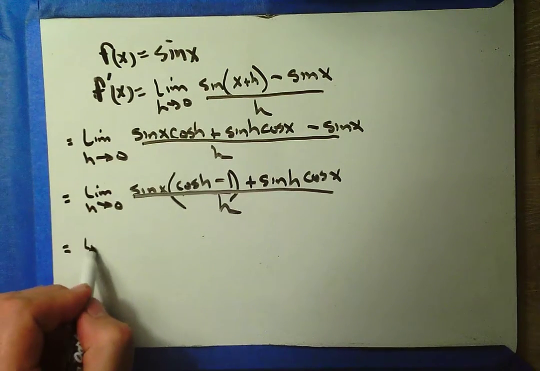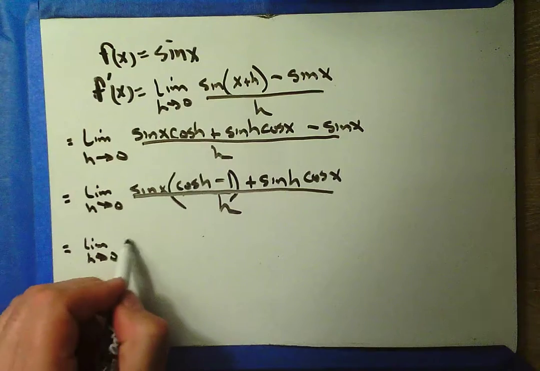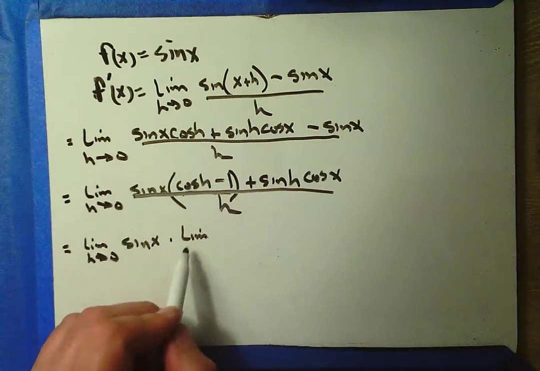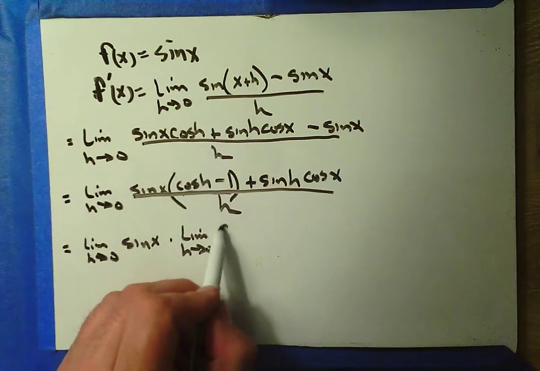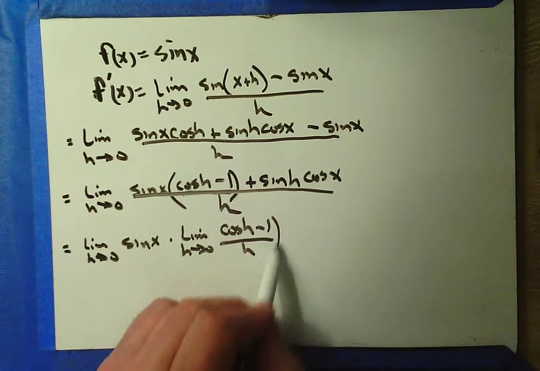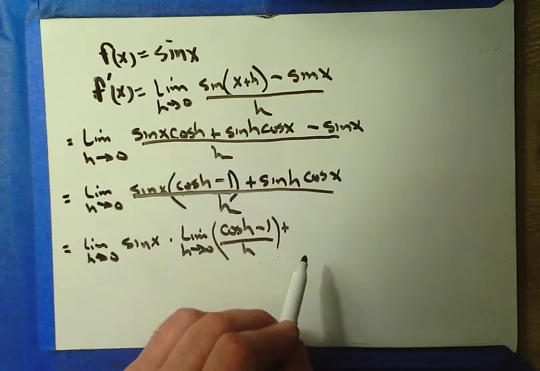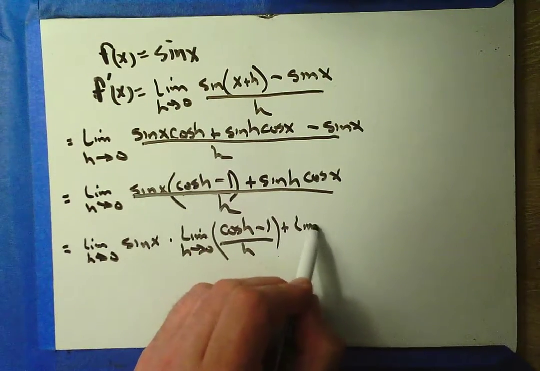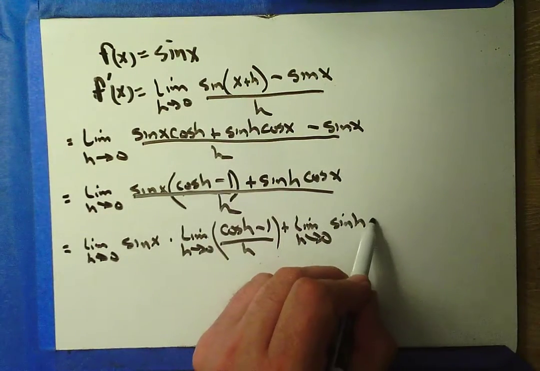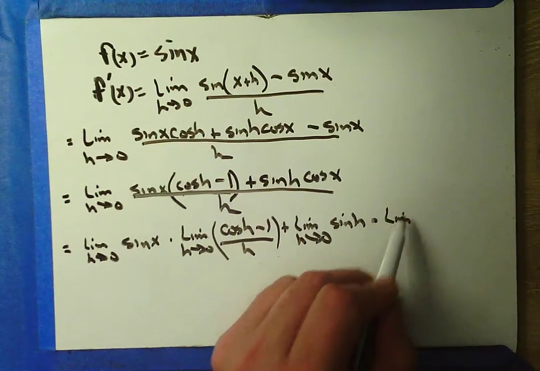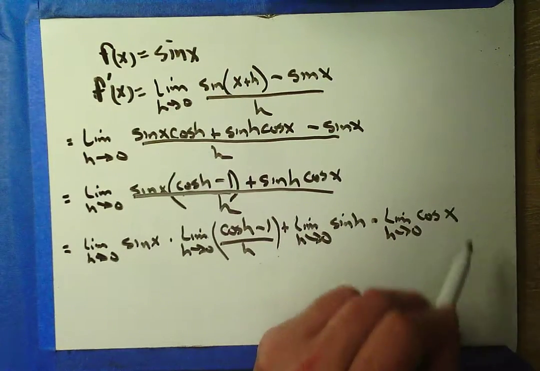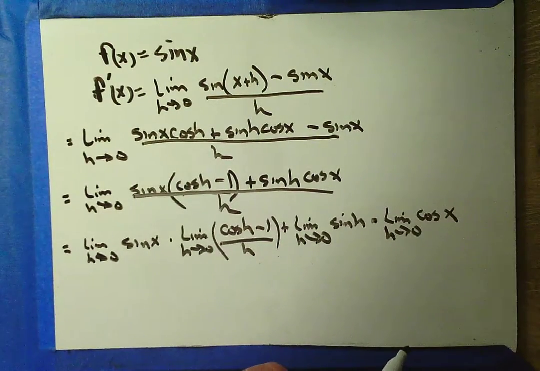I'm going to say the limit as h heads to 0 of sine x, times the limit as h heads to 0 of cosine h minus 1 over h, plus the limit as h heads to 0 of sine h, times the limit as h heads to 0 of cosine x. Okie doke. So let's see what happens.